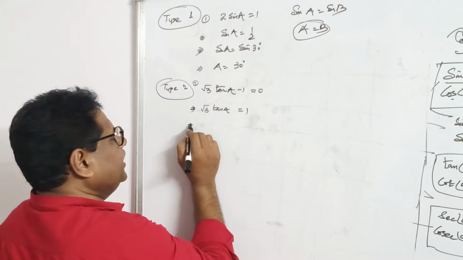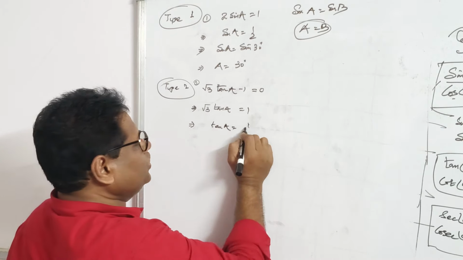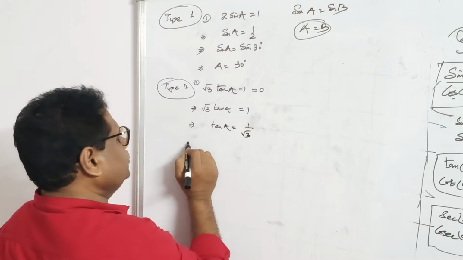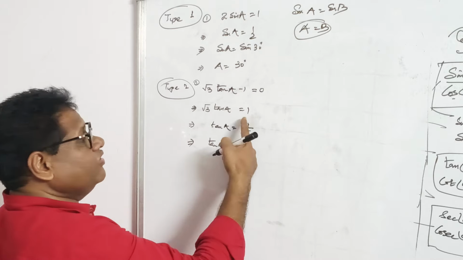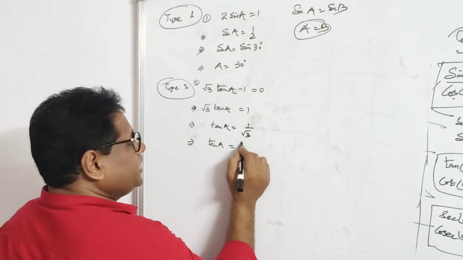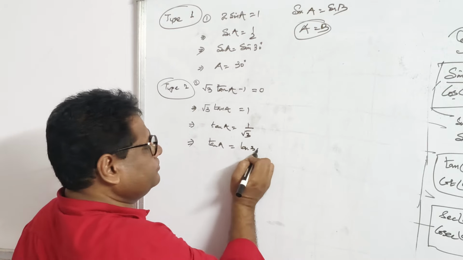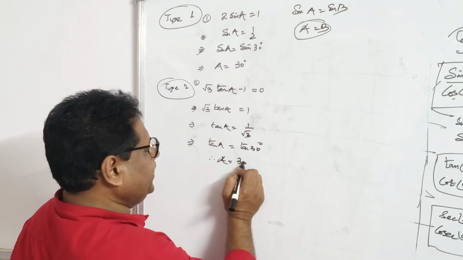Then we can say that tan A equals 1 by root 3. Now think, when does 1 by root 3 come in case of trigonometric ratio for tan? It comes for tan 30 degree. So in this way A equals 30 degree.